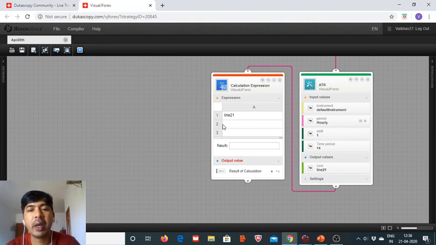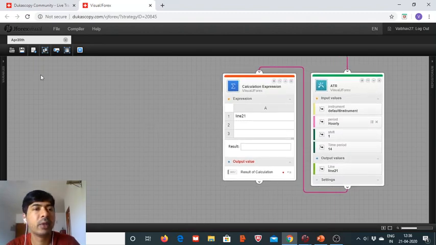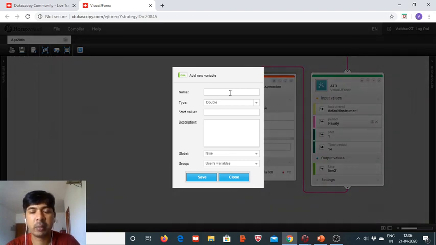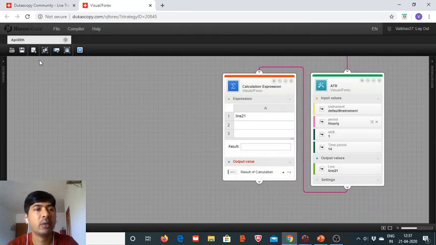And here we need to define a variable, and we will make it like TP. We keep it at 1.1, and it is double.